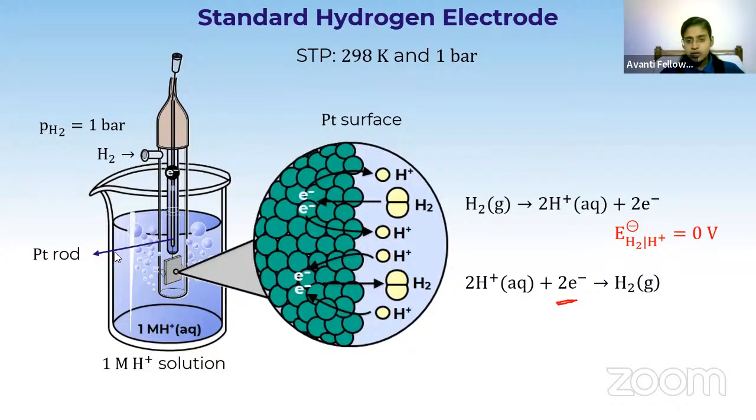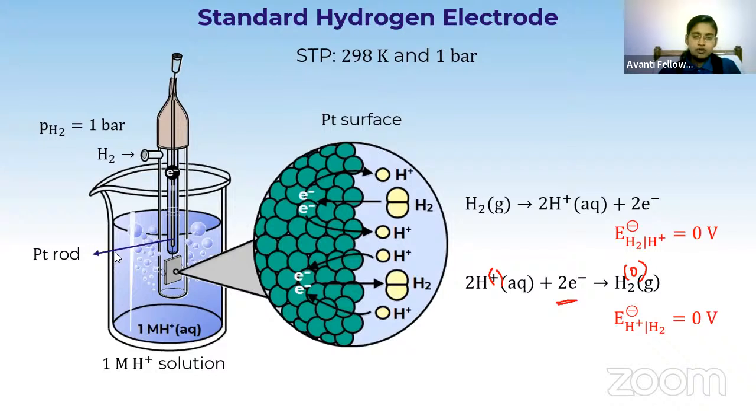So hydrogen is moving from +1 to 0 and the E naught value is 0 volt. So for a standard hydrogen electrode, the E naught value for both oxidation and reduction potential is equal to 0 volt. Got it? This is the thing you have to keep in mind.